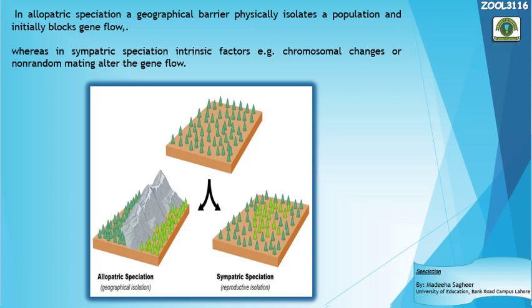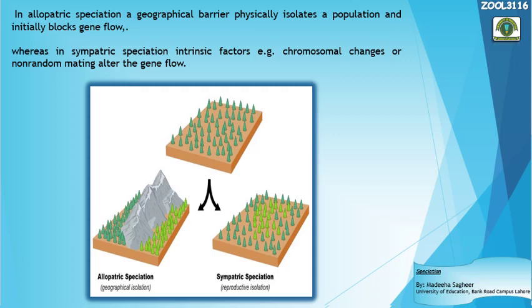But they don't mate randomly, there is non-random mating. They just mate with the flies of the same host, and this would automatically ultimately alter the gene flow, right?